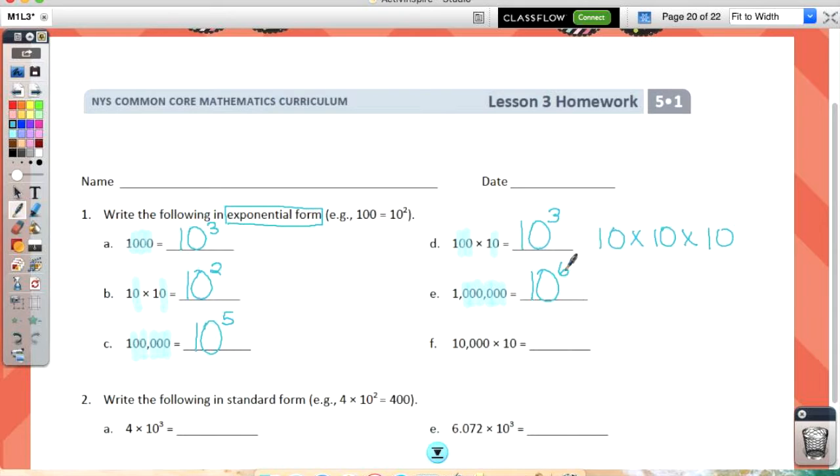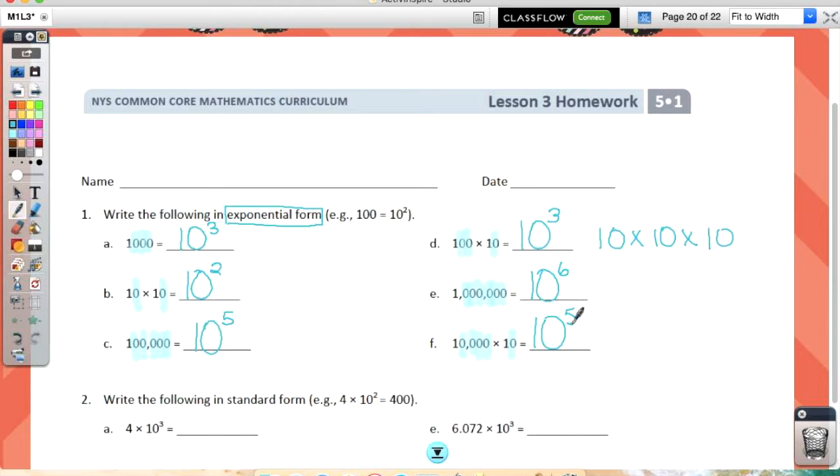How about Mia? 10 to the fourth. Okay, so look at this. 1, 2, 3, 4, oh, I mean 5. 5. Yeah. Okay, so you understand that? Yeah. Okay, we doing good? Let's go down to the next part.